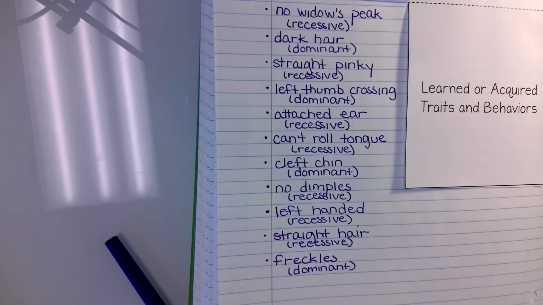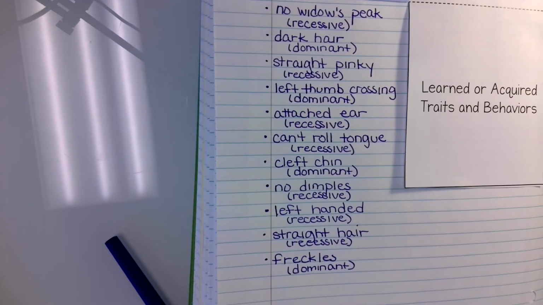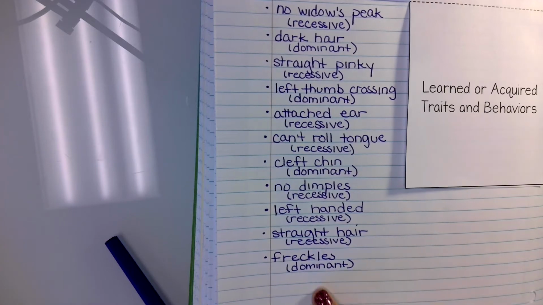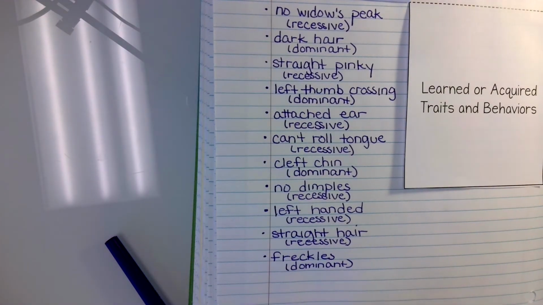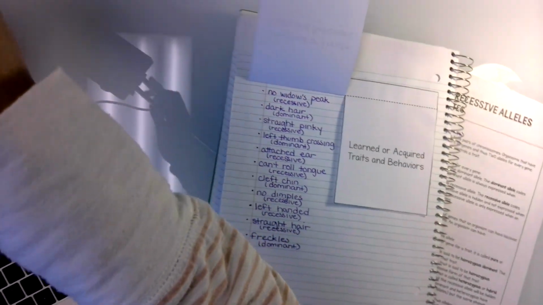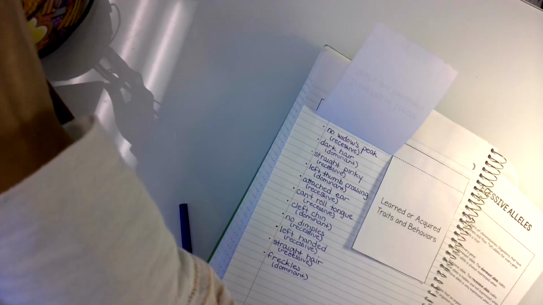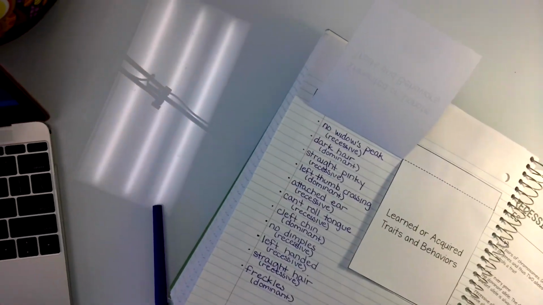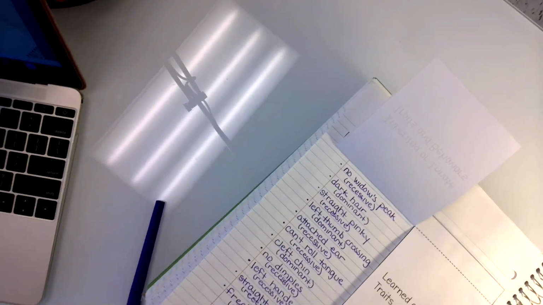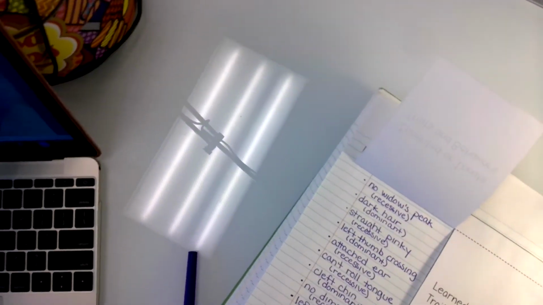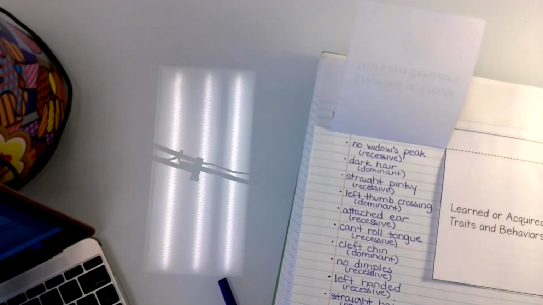And then you're adding some on your page, some of the inherited traits that you have. So I'm going to go ahead and do that right now with you guys.